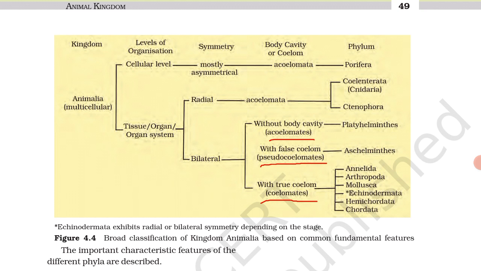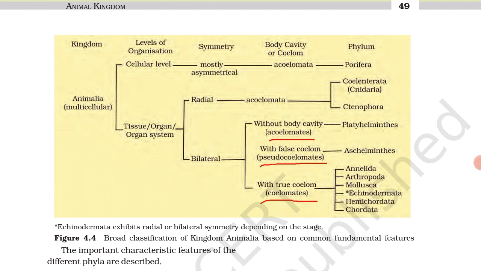They have shown the body without cavity, acoelomate, pseudocoelomate, and coelomates. In acoelomates there is platyhelminthes, in pseudocoelomates aschelminthes, and with true coelom annelida, arthropoda, mollusca, echinodermata, hemichordata, and chordata.